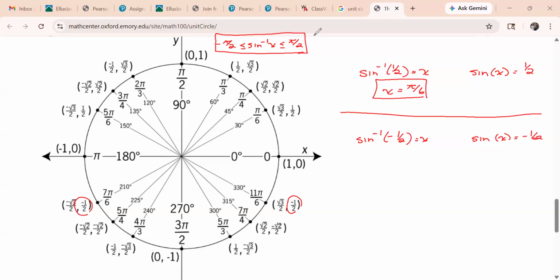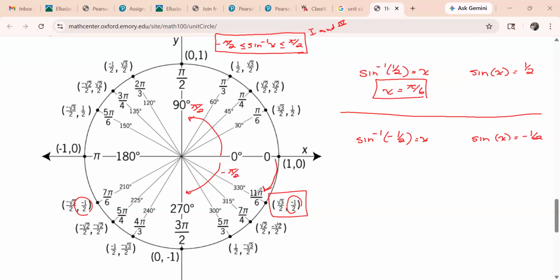But once again, because I'm bound between quadrants 1 and 4, I can only really use this answer. So this is the one that we have a little bit of a problem with because remember, we're bound between negative pi over 2 and pi over 2. So this way is going a positive pi over 2, but going backwards, this is a negative pi over 2. So we need the negative direction.